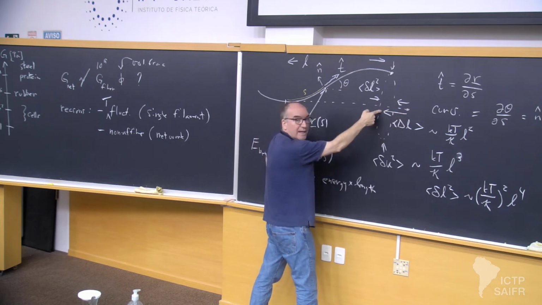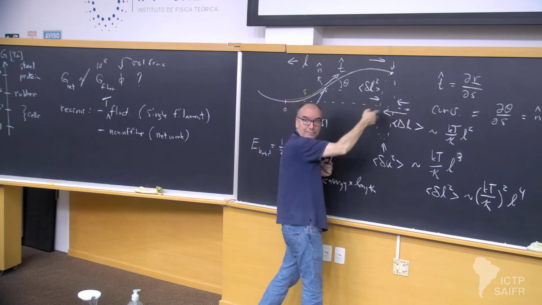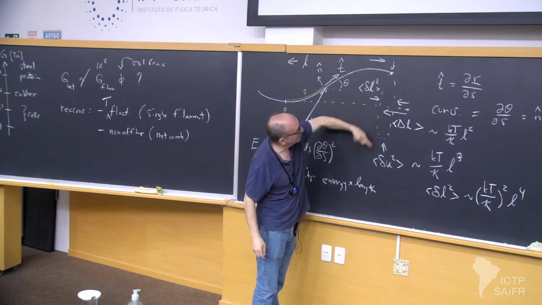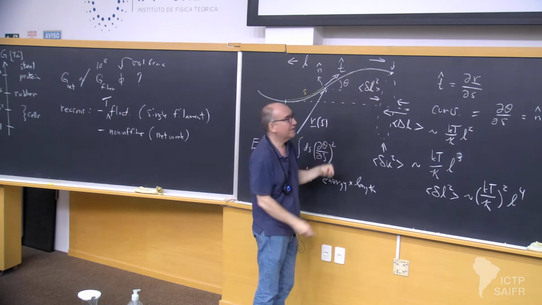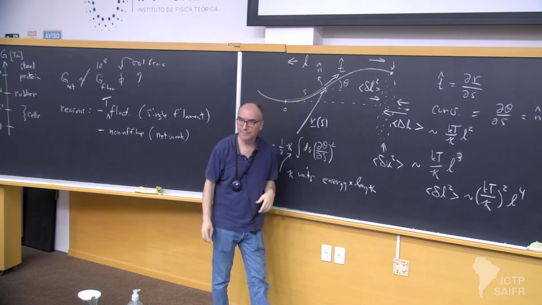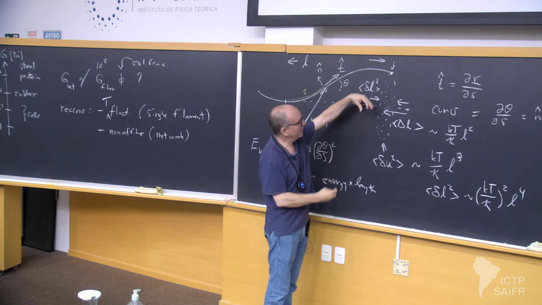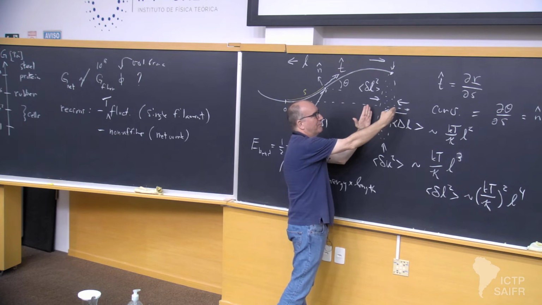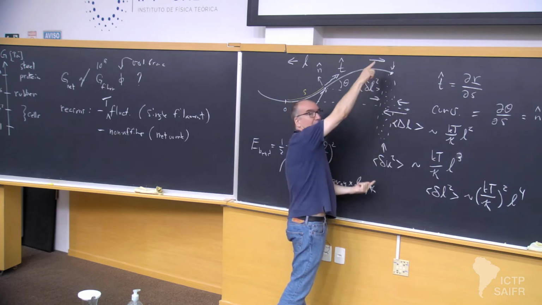The end moves in on average, but fluctuates around. The positions fluctuate laterally, so there's an ensemble of points, if you like, that forms a cloud here. And that cloud is asymmetric. It is a sort of pancake shape. It's thinner this direction than it is that direction.